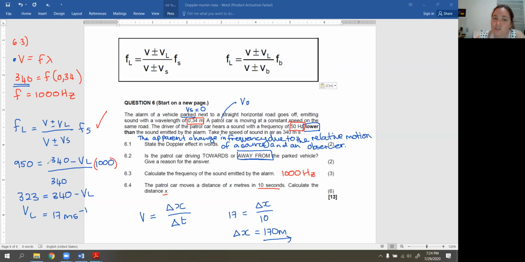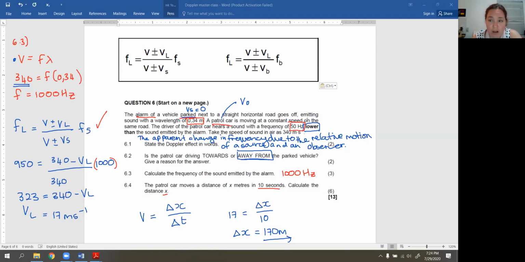The other thing that was tricky and nasty in this question was that the source was parked and the police car or patrol car was moving. I think what sometimes happens with a question like this is that people assume that the alarm is coming from the emergency vehicle.